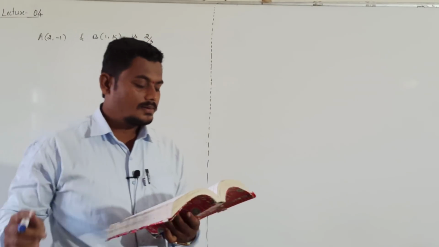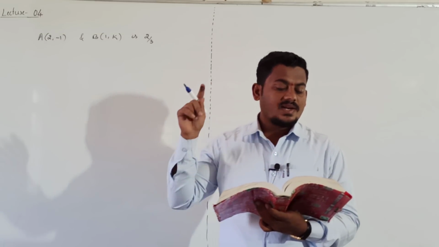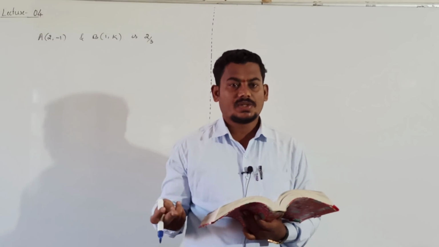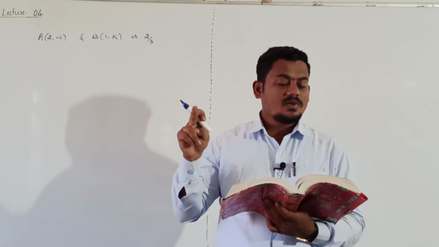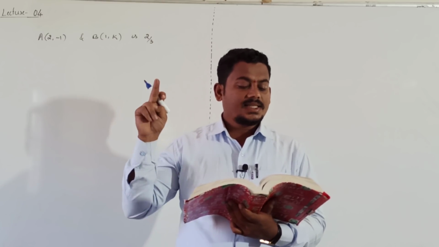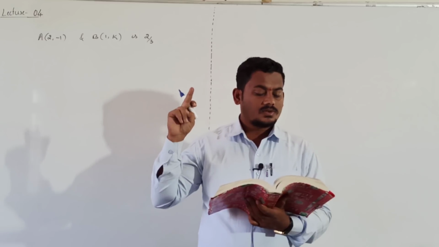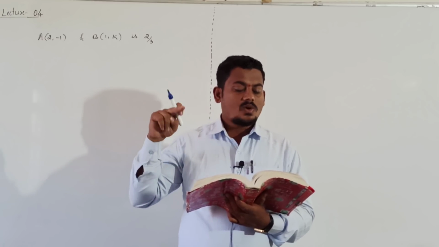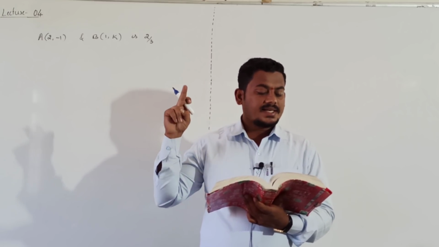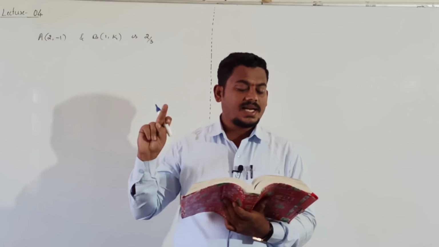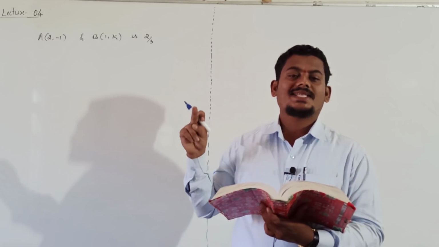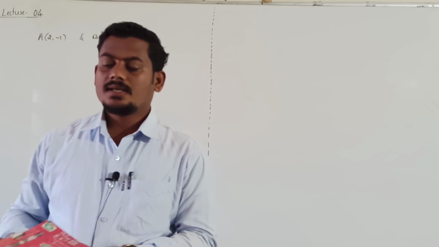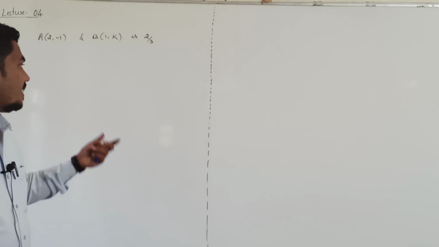Once again, the question: find the value of k, not show that, so that the slope of the line joining A of 2 comma minus 1 and B of 1 comma k is 2 by 3, right? We need to find the k value.